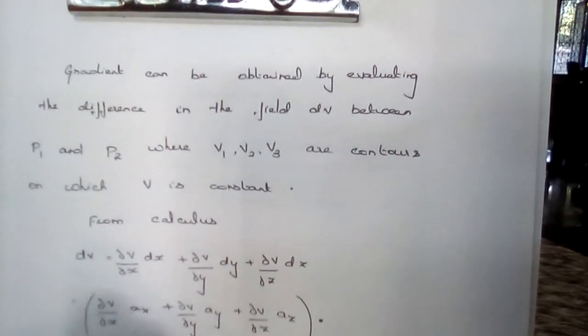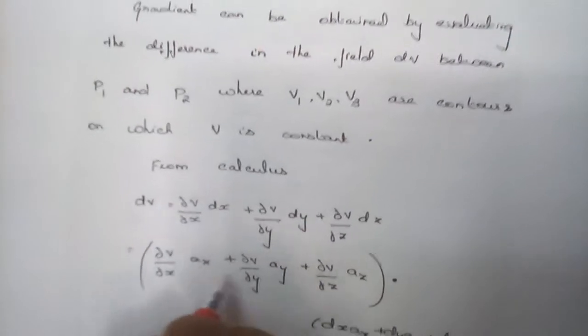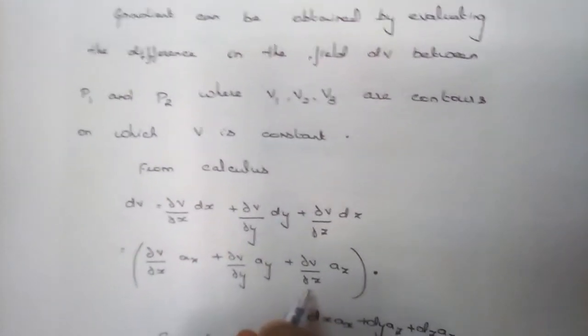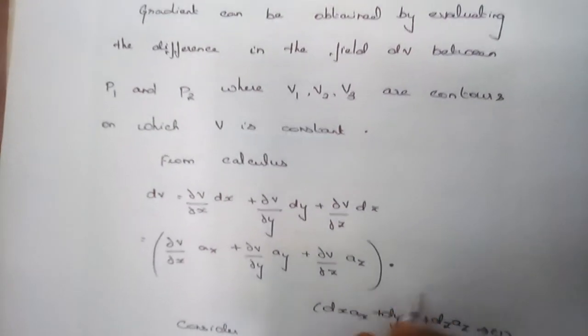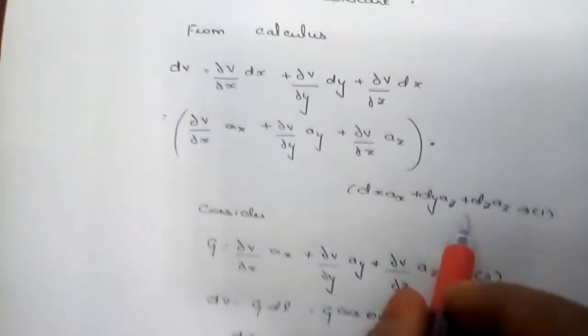This partial derivative is written as dou V by dou x ax plus dou V by dou y ay plus dou V by dou z az, multiplied by dx ax plus dy ay plus dz az.